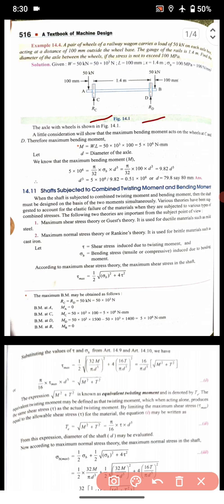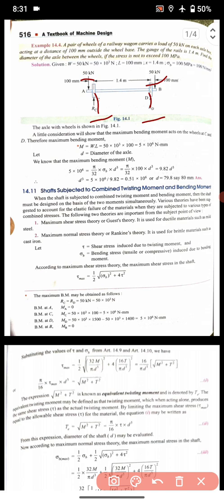The load, that is the axial load, acts at 100 millimeter from the wheel, that is 50 kilonewton and 50 kilonewton. Again, the span length, that is the gauge length of the rails, the distance between the wheels, not the length of the wheel, is 1.4 meter.